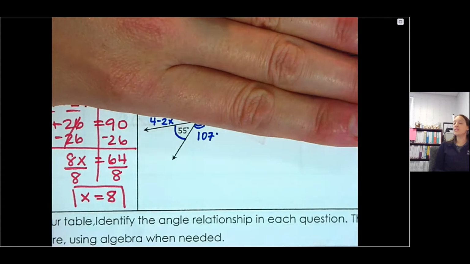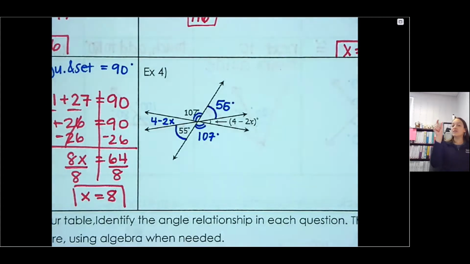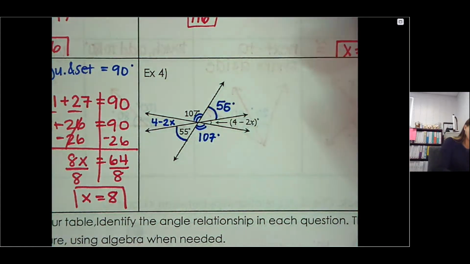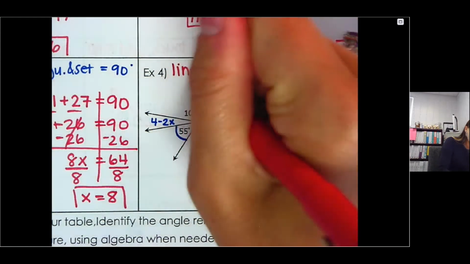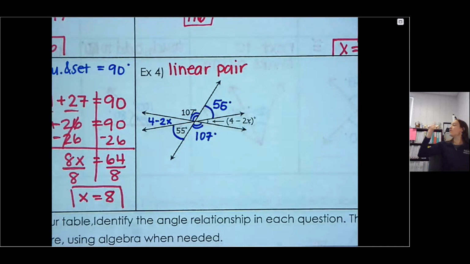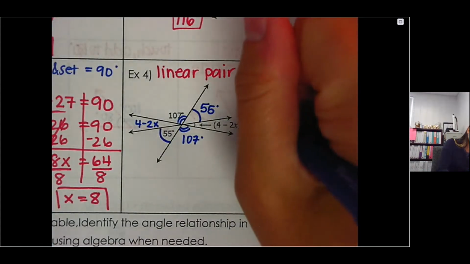What you're going to notice is 3 angles together make a linear pair. So this is another linear pair, except instead of 2 angles, it's 3 angles that make up the 180. So we're going to add together our 3 angles and set it equal to 180, and it doesn't matter what order you do it in.